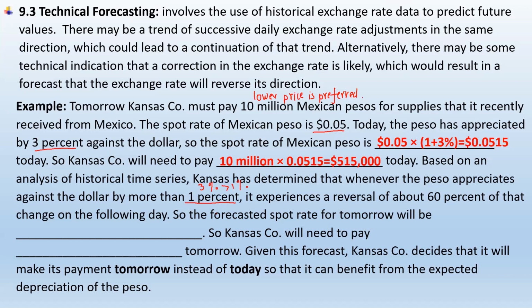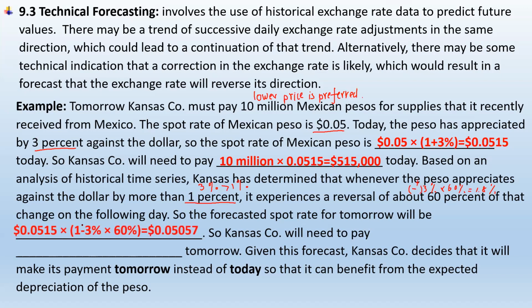So in this case, it satisfies this condition, and it will experience a reversal, which is 60% of the 3%. So it's 3% times 60%, which is 1.8%.